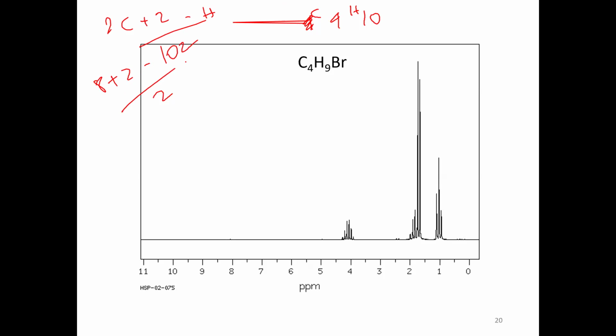Now, let's start to work out. We have 9 protons to place. This is the problem when everything starts overlapping one another.